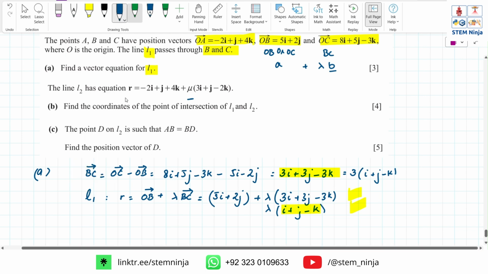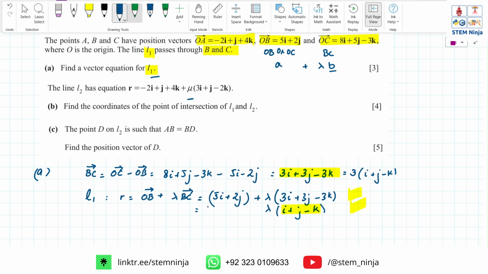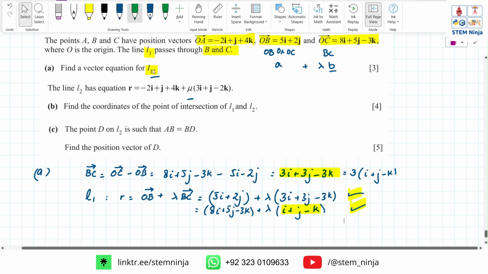So moving on, this is the position vector equation for line L1. So either way, that's fine with us. You can do OC also over here, that is 8i plus 5j minus 3k. So this would also be acceptable. So I've given you two options for each of them.